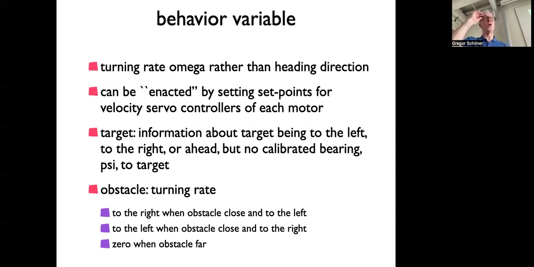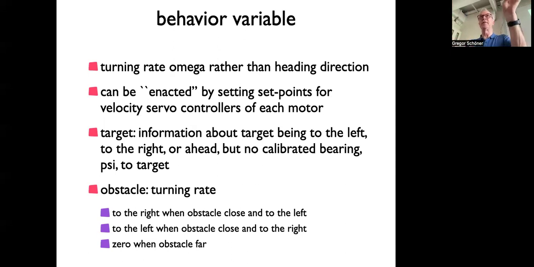So we don't have to know exactly where the target is. We just have to know if it's to the left or to the right, or have some zone in the middle. And that was based on these two light sensors. Essentially, the light sensor votes for the direction on which it is.